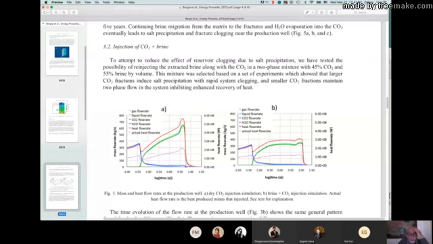Now, at some point, you have so much CO2 in the system that you have dried out your system, and there is no more water vapor reaching your well. And at this point, you see a total drop in your production of everything, of heat and also of fluid. Can anybody guess why you have this drop in production?